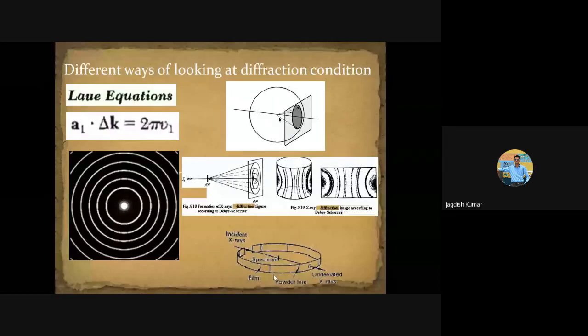By straightening this sheet along one single axis, you can get an idea at what angle you are getting the peaks. So this is something like measuring 2 theta versus intensity.